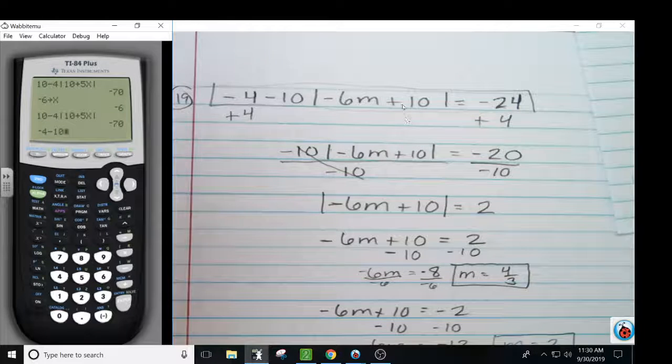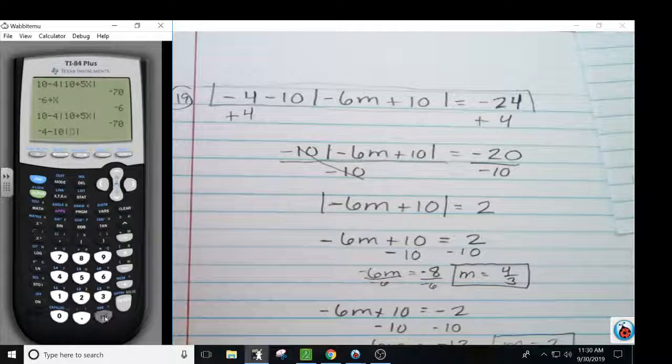Now, guys, a lot of people don't know where absolute value is. If you go to the math key underneath the alpha key, if you hit math and you hit the right arrow key over to number, absolute value is the first entry. So you press enter, okay?